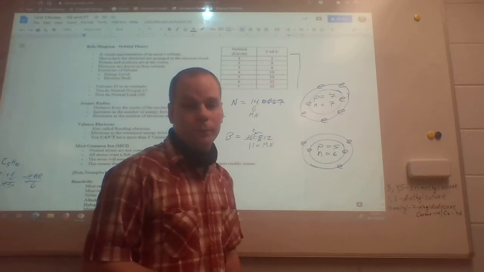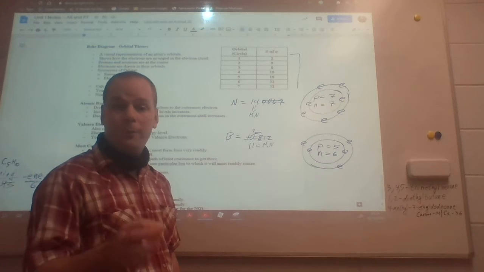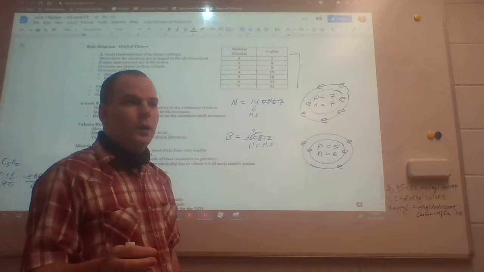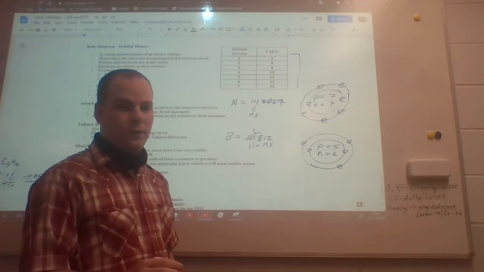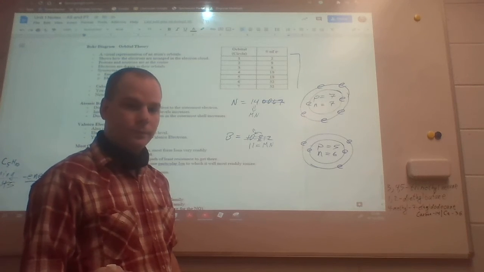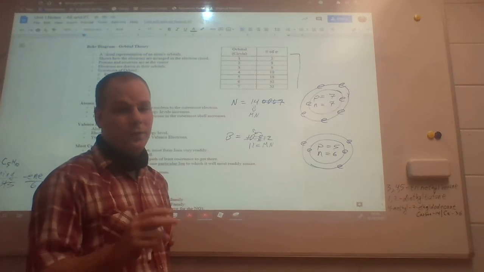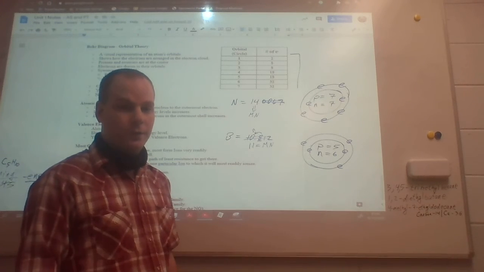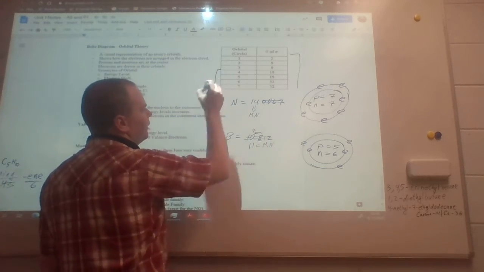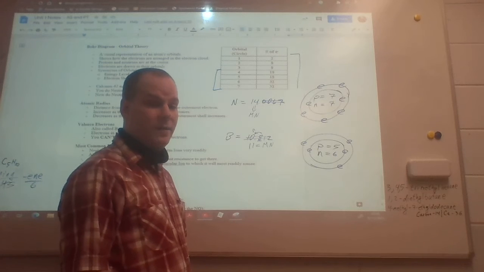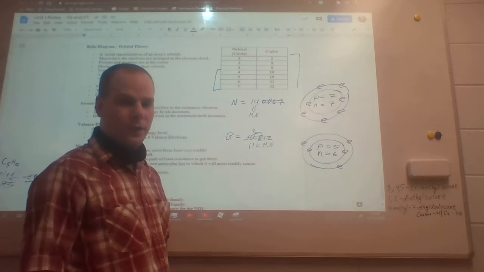Okay, the octet rule says that every atom wants a full outer shell. And it will gain or lose electrons to get a full outer shell. A full outer shell is going to consist of 8 valence electrons. So even though all of these shells can hold more than 8 electrons, only 8 of them can be valence electrons.